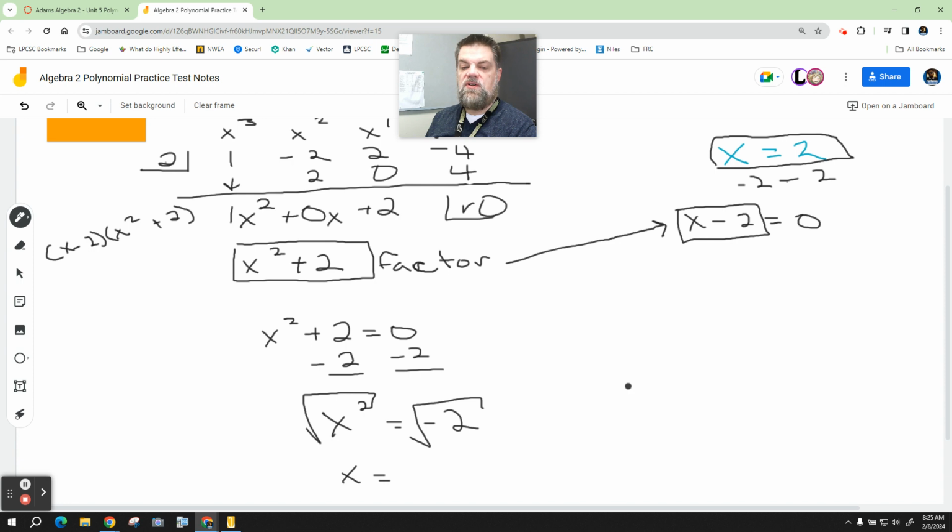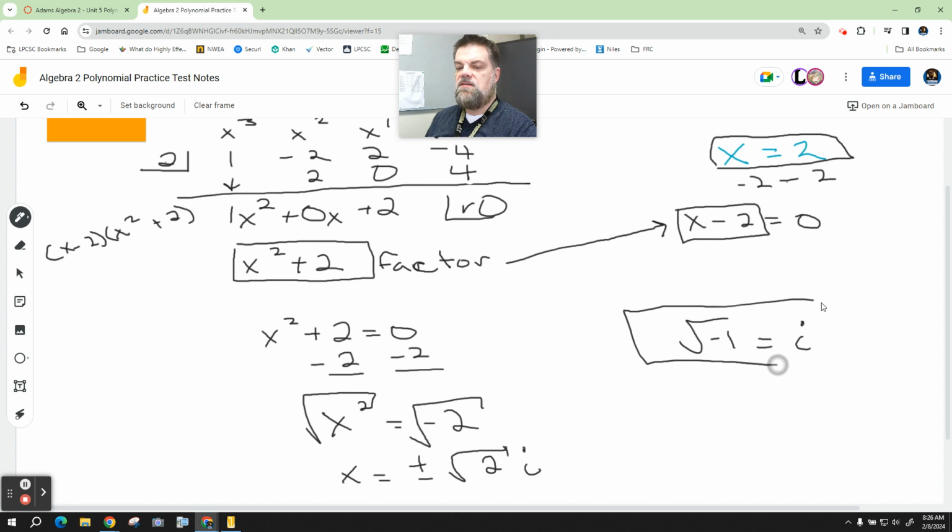Not with a real solution, but remember that the square root of negative 1 is equal to the imaginary number i. So we would write this as plus or minus the square root of 2 times i. So with real numbers, I can't take the square root of a negative, but I can take the square root of i. These don't cross the x-axis. Does not cross x-axis because it's not a real number.